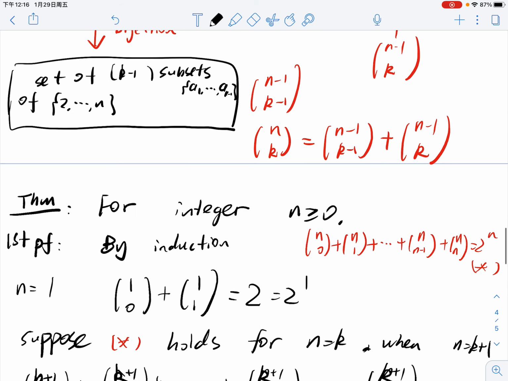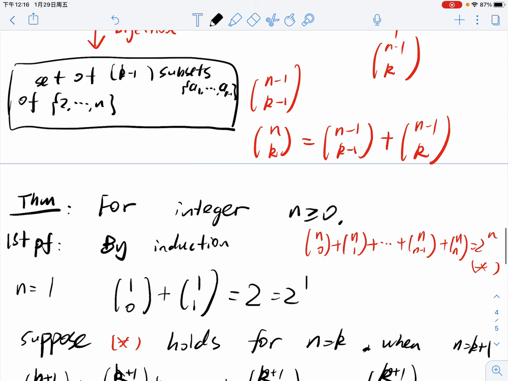Notice that although the right side is a little bit more complicated than the left-hand side, they have a common feature: n is reduced to n minus 1. Okay, then here, use that formula.